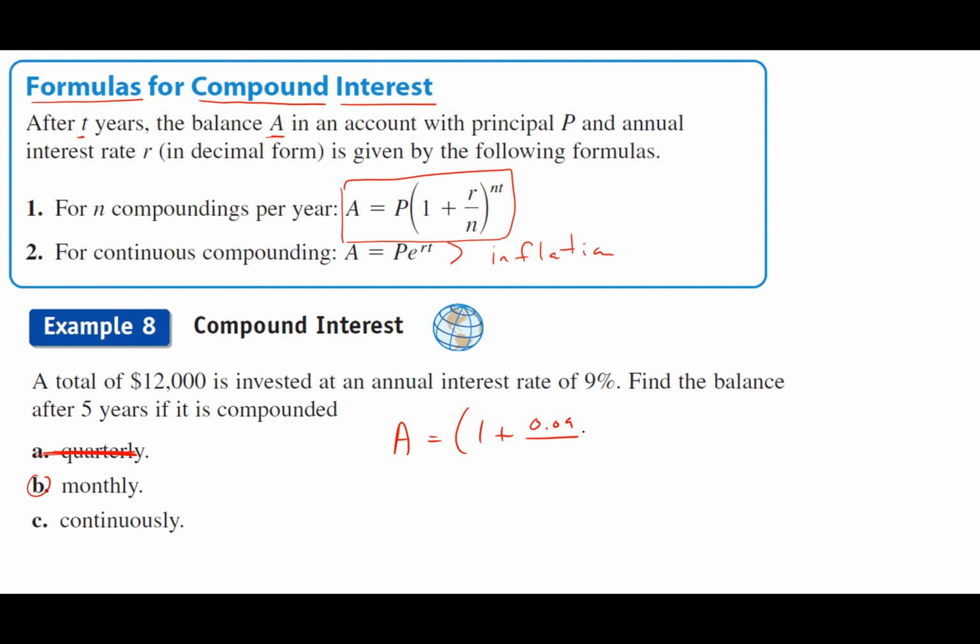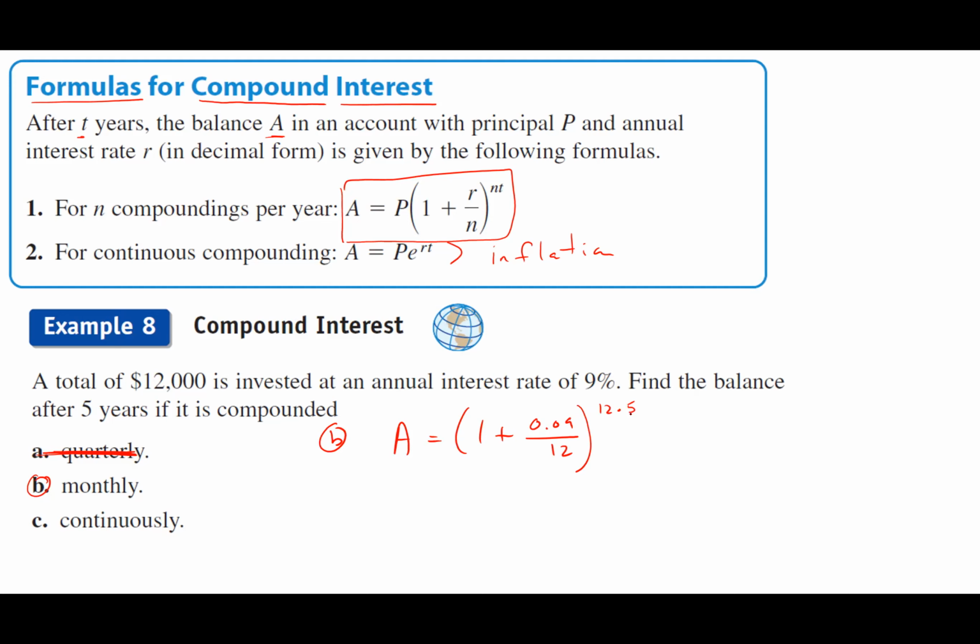N is the number of times the money will be compounded or credited to your account in a year's time. So if we do it monthly, it should be 12, absolutely. And then over here, it's going to be 12 times 5, the number of years that we have it in.